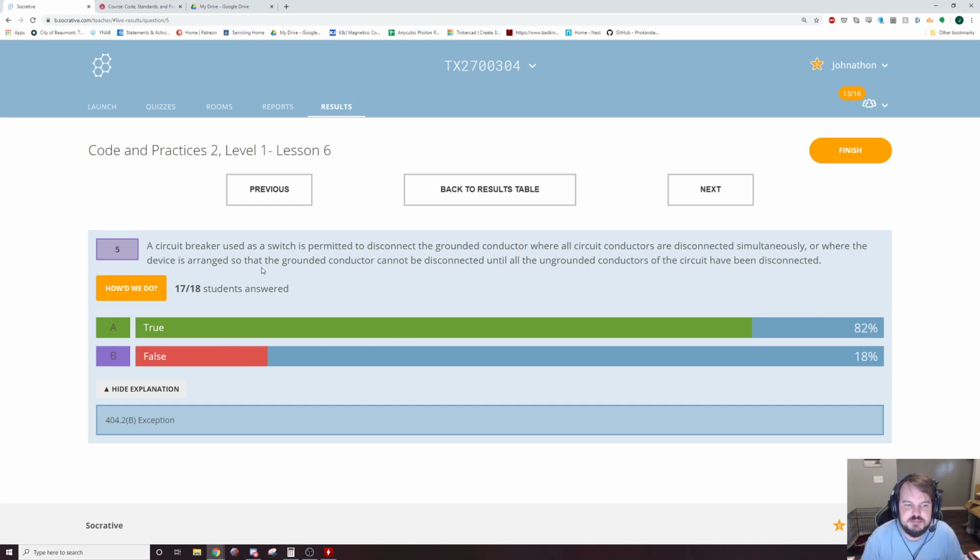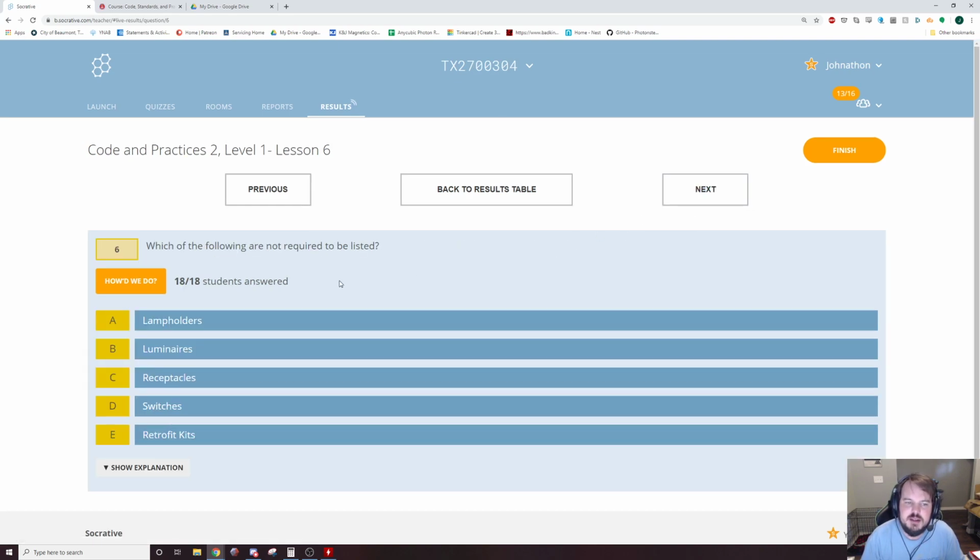Next up is which of the following is not required to be listed? We know that receptacles and switches have to be listed. So it's lamp holders, luminaires, or retrofit kits, which all those are going to be in Article 410.